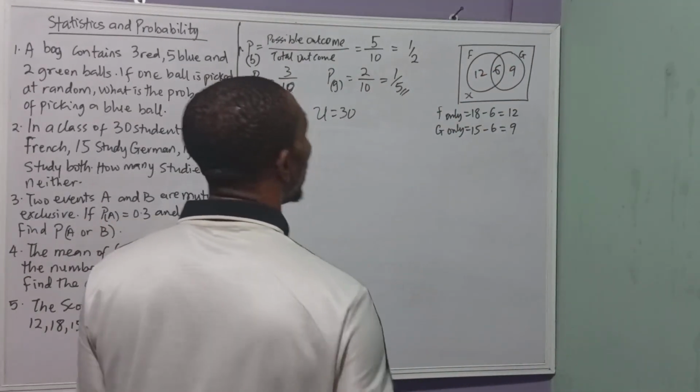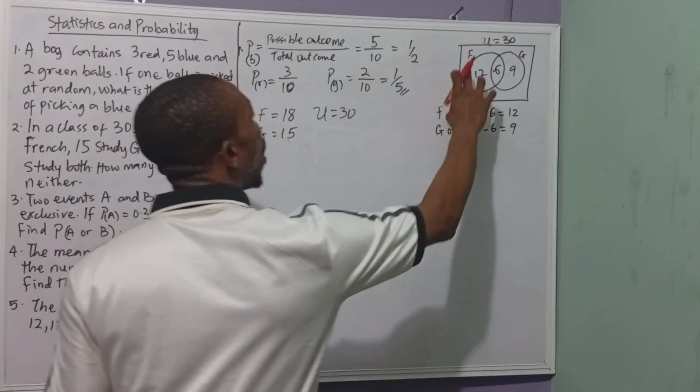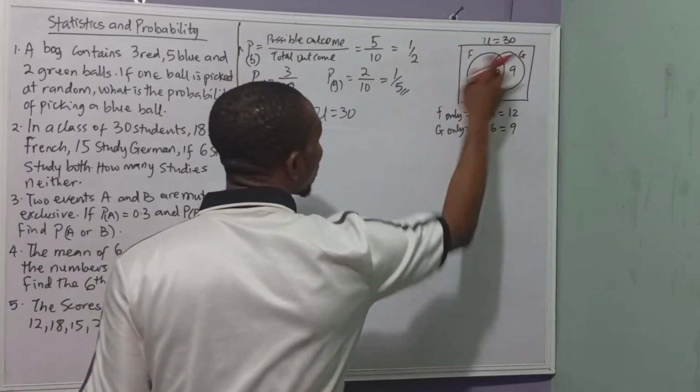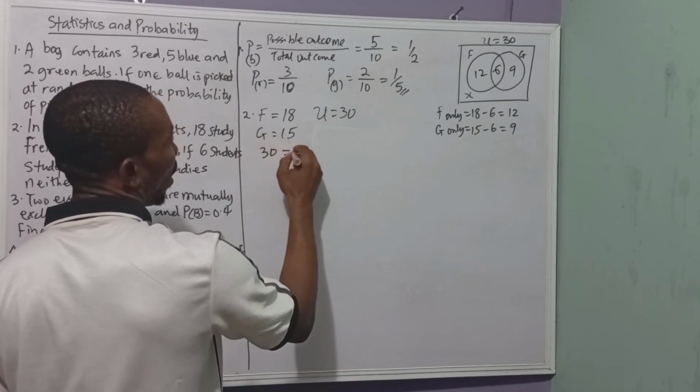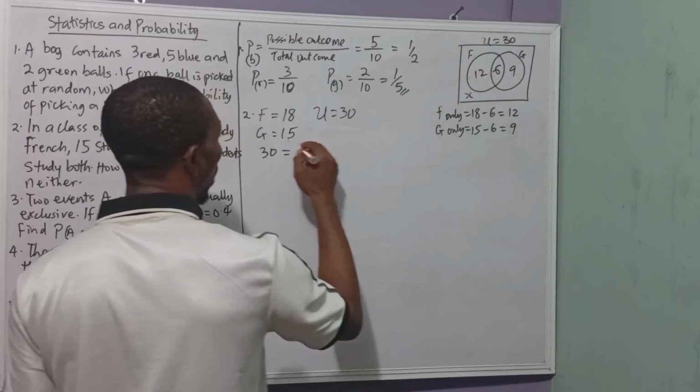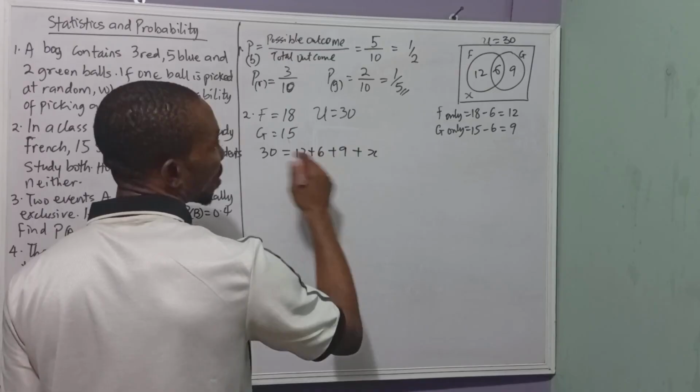Now, to find that, remember that our universal set here is what? 30. So all the numbers in this box should sum up to 30. So that becomes 30 equals 12 plus 6 plus 9 plus x.